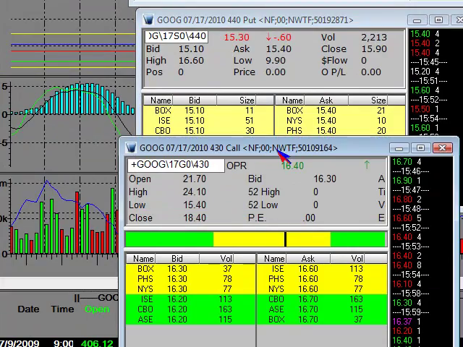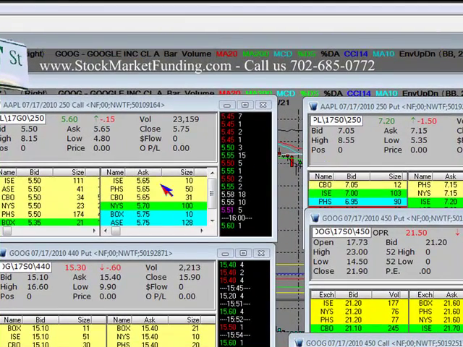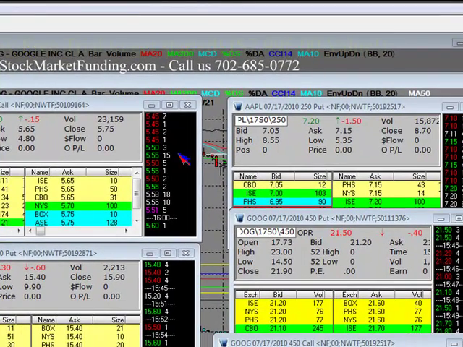Basically, I've given a complete recap of the actual trades that we're talking about doing here. The low end of that 250 call seems to be a nice entry, the 8.15 down to that 4.80. There's nothing wrong with that. Tell me what's wrong with that. Nothing, because that was a nice walk up $1 off those lows.